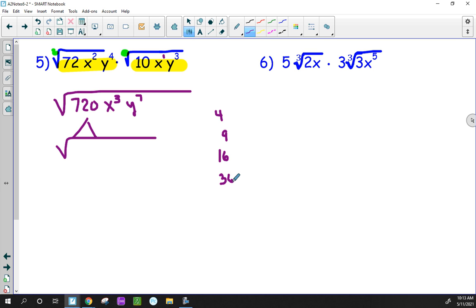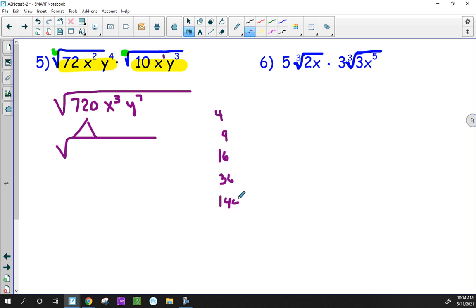Now divide it by 64. The next one would be 81. The next one would be 100. After 100, 11 times 11 is 121. Then we're going to do 720 divided by 144. 144 works.